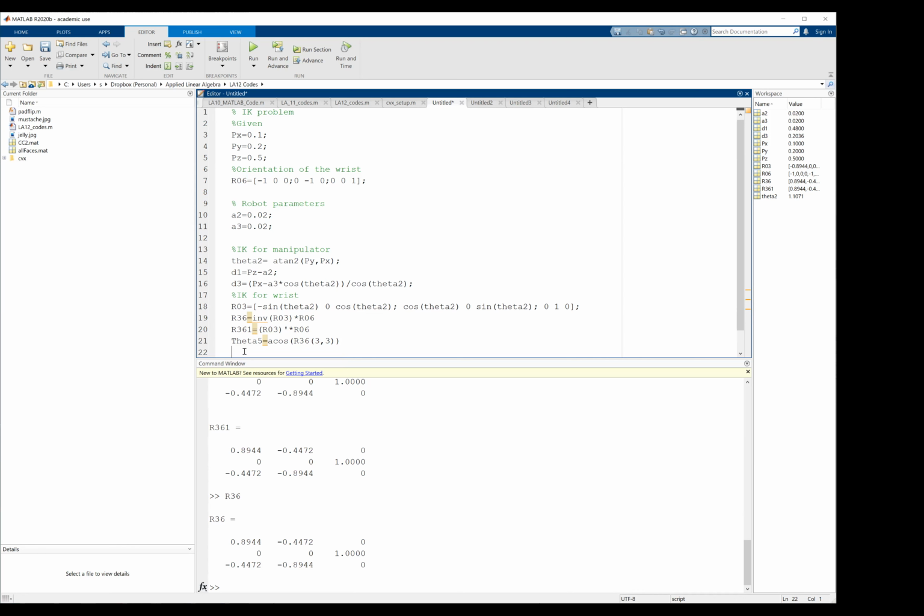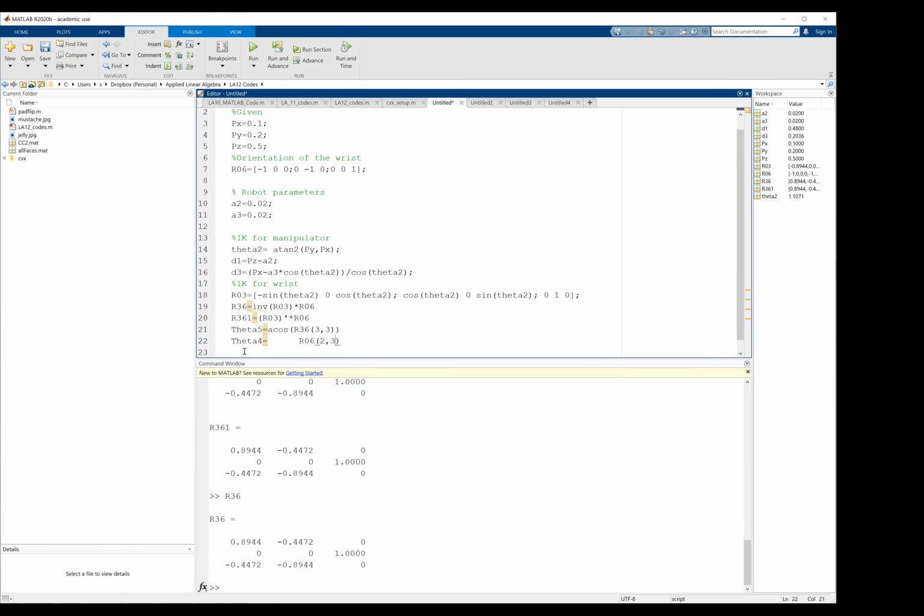Then theta 4 is equal to, I need to first get R06, second row, third column, divide that by sine of theta 5, and then do arccosine of the quantity.